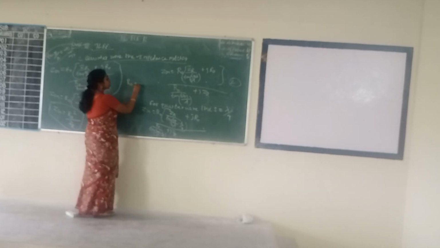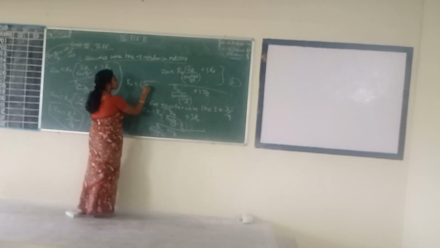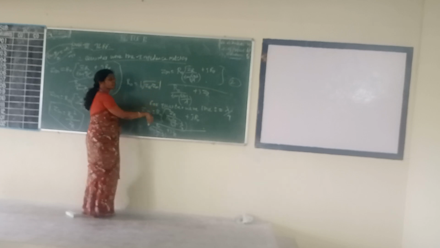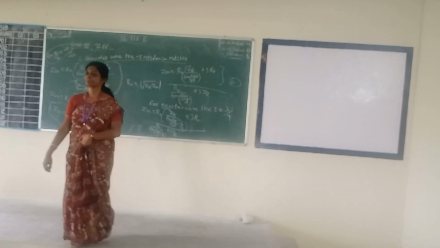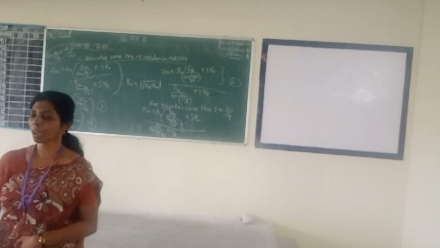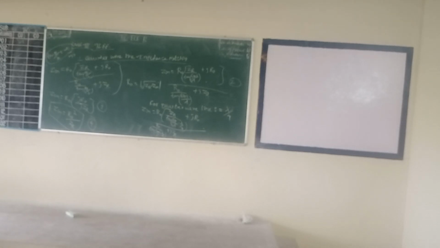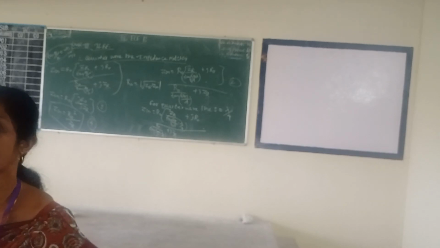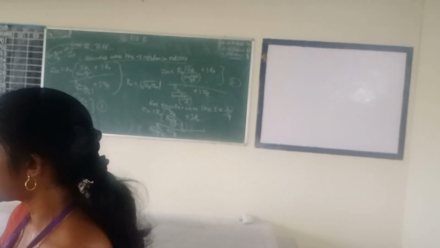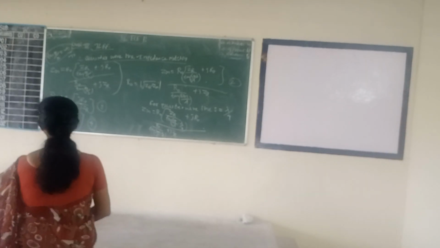R0, the characteristic impedance, is equal to the modulus of root of ZR into Zin. We write it as equation number 5.